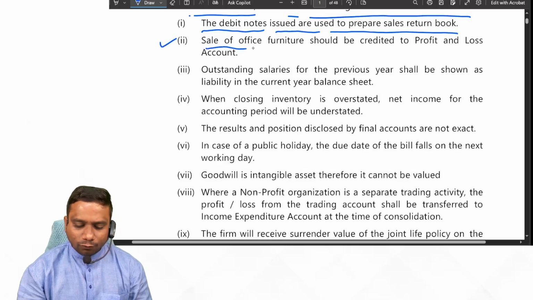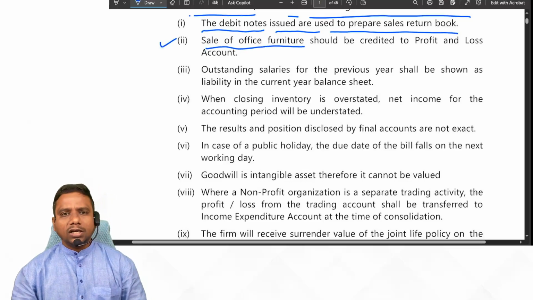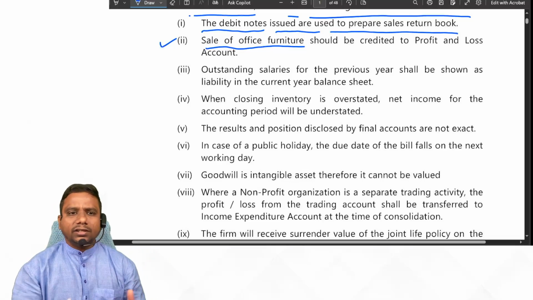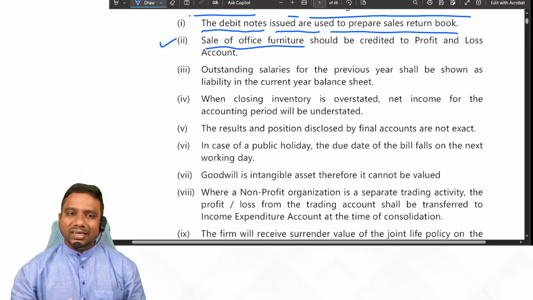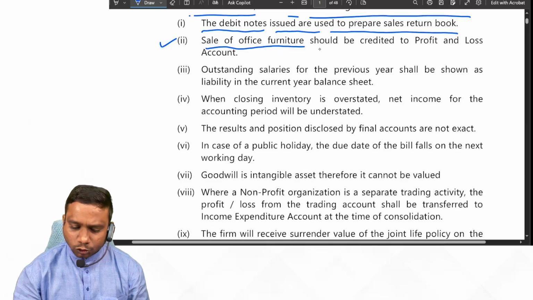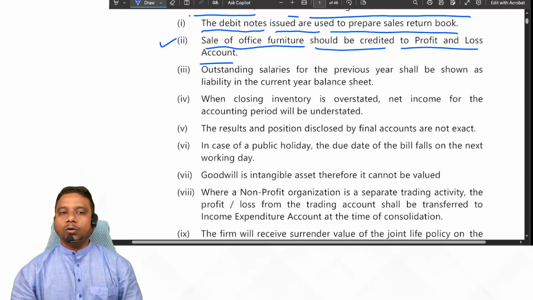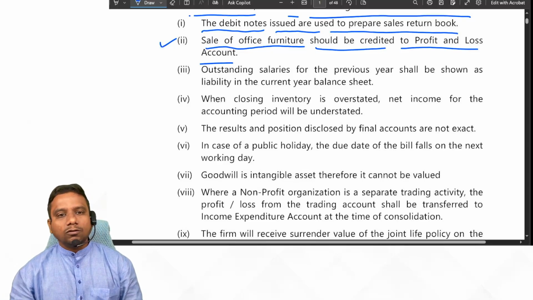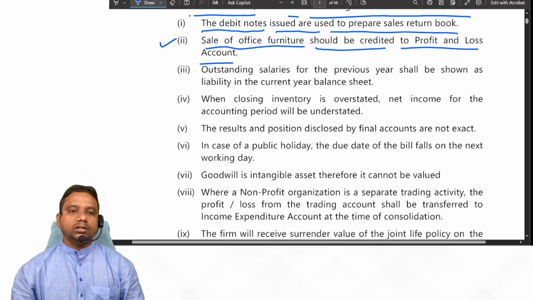Second one. Sale of office furniture. Normally, what is the entry we record for sale of office furniture? Cash or bank account or debtor account debit, furniture account credit. The statement says it should be credited to profit and loss account. No. Generally, profit or loss on sale of furniture is transferred to the profit and loss account.